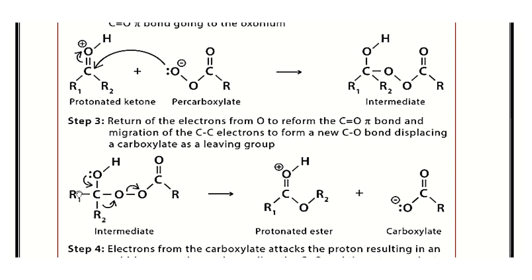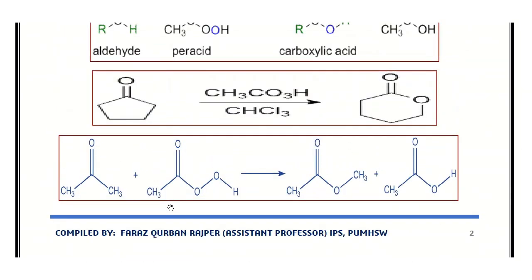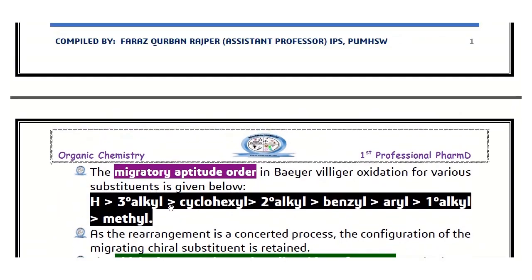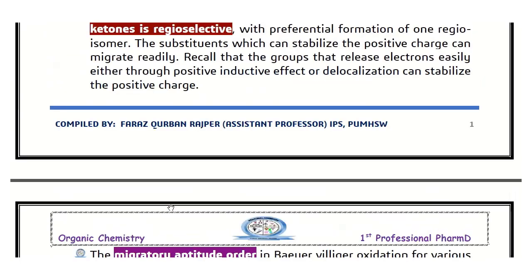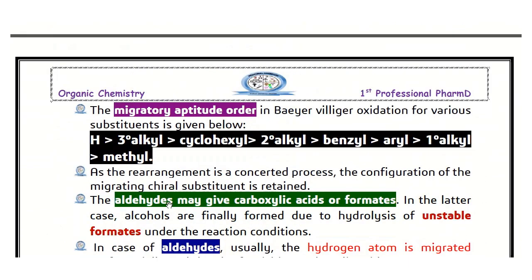Now the question arises, which R radical among R1 and R2 will be shifted to oxygen? Over here, the rule of migratory aptitude will be followed. In migratory aptitude, which we have learned in the characteristics of the Baeyer-Villiger oxidation, for an unsymmetrical ketone which has different R radicals, the tertiary alkyl has the greatest migratory aptitude, greater than cyclohexyl, greater than secondary, greater than benzyl, greater than aryl, greater than alkyl.